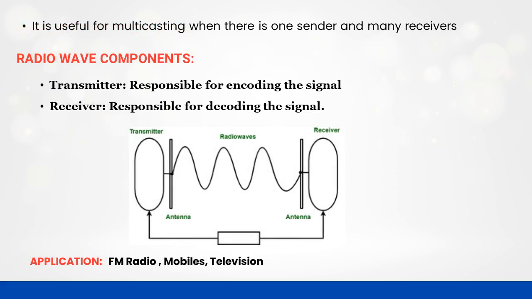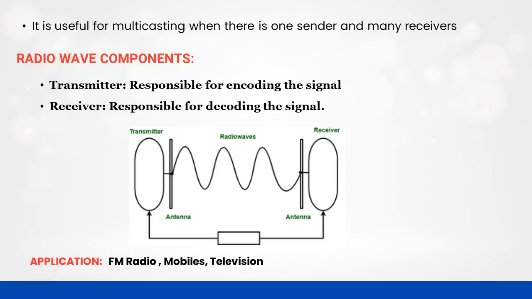This makes radio waves great for multicasting, where one sender broadcasts to many receivers at once, like in radio or TV broadcast. Radio waves have two components, transmitter and receiver.